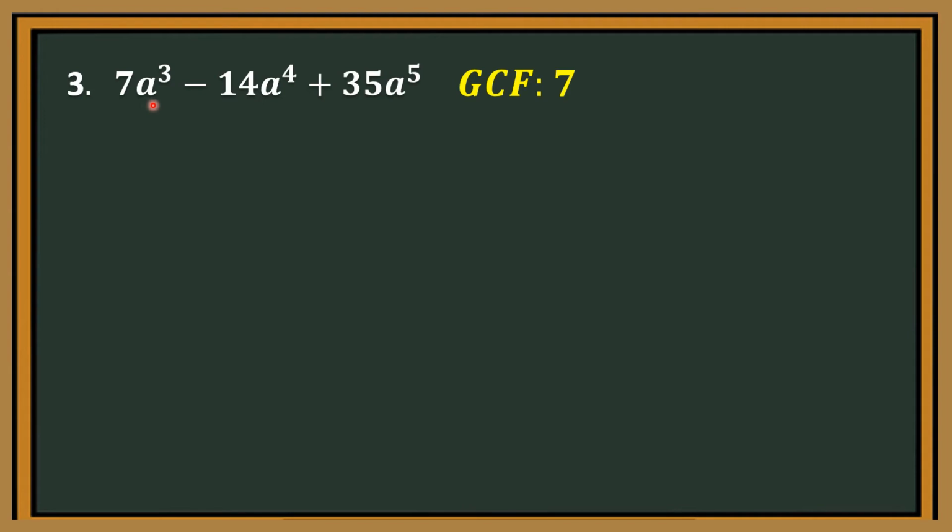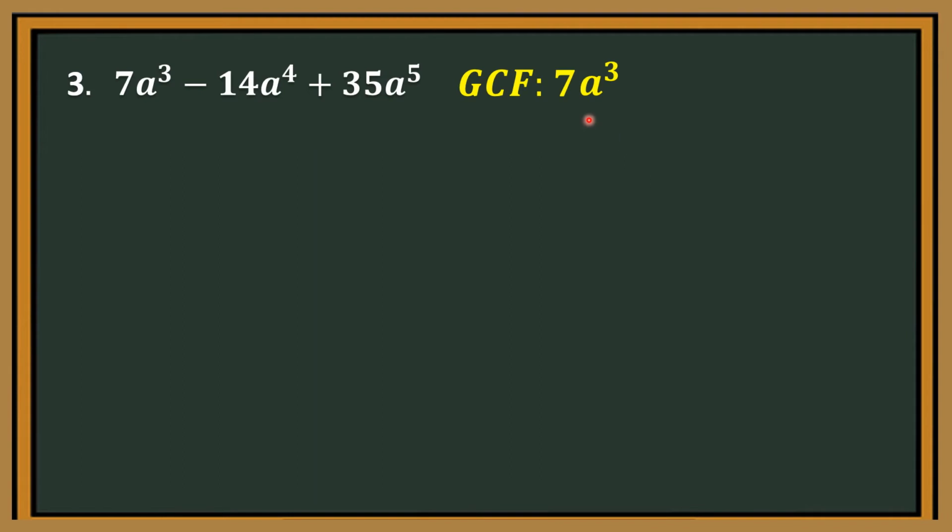Just look at the least exponent of the literal factors. What is the least exponent of a? 3. Therefore, the greatest common factor among the literal factors is a cubed. This is your first factor.